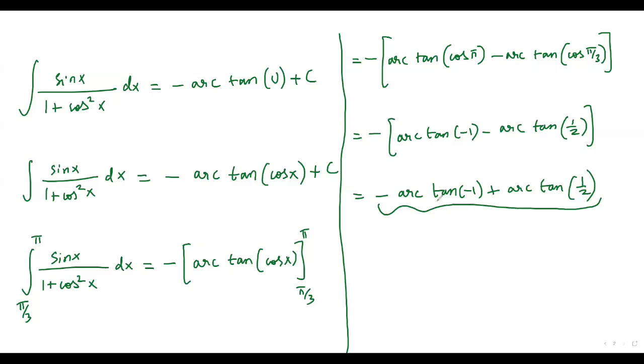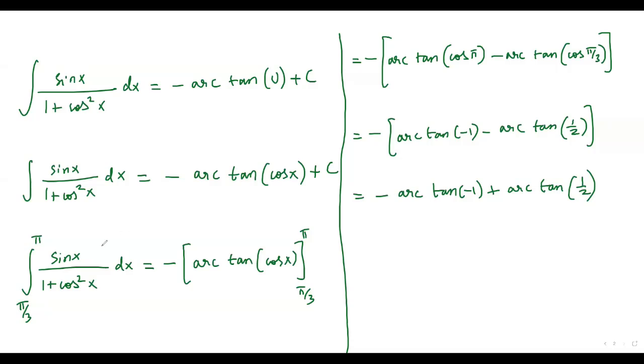You can also notice one thing here: this expression contains an inverse trigonometric function, that is arctan. Since we have an inverse trigonometric function in this expression, we have to make sure that our calculator is in radians mode, because usually our calculator is in degrees mode by default. In that case, when you evaluate this expression, the answer will be in degrees, and we don't consider degree as a real number because degree is a unit of angle measure.